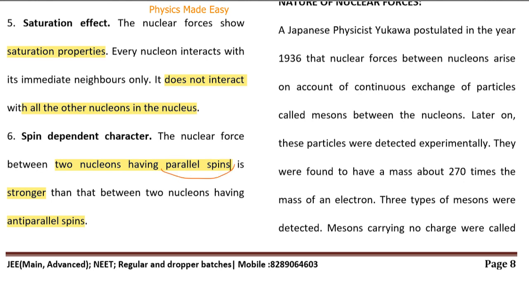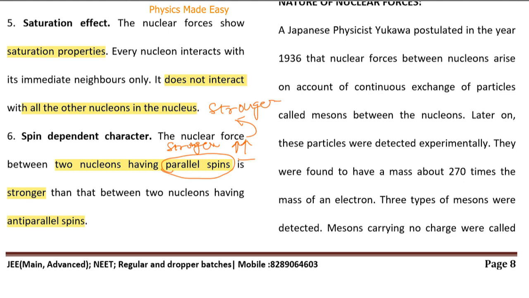In case of nucleons having parallel spins, they are stronger. Parallel spins means if spin of this is this and this is this, they are parallel spins. In this case, nuclear forces are stronger.